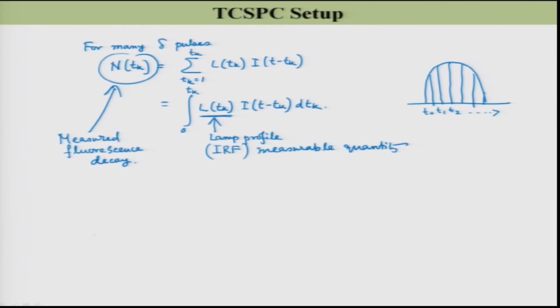So, now if you have this L(t) looking something like this, I am just drawing it. Let us say this is your L(t) that you have measured, and you have just guessed that the fluorescence lifetime of this sample is 4.2 nanosecond.